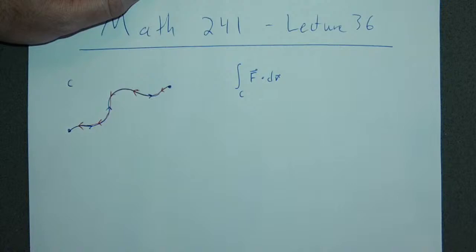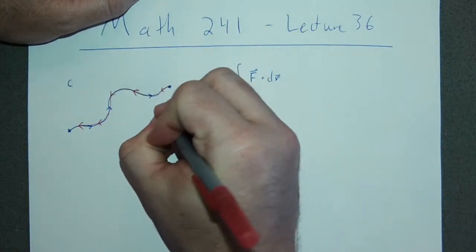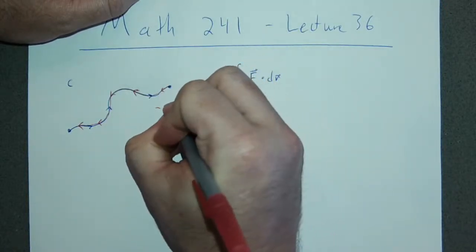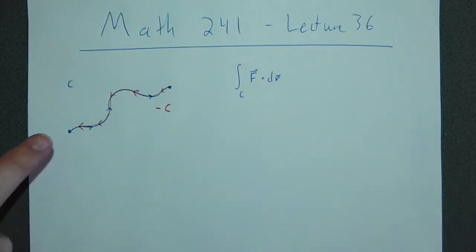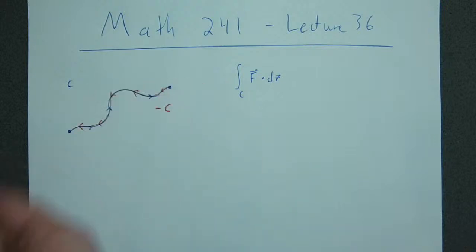Once I've done that, I'm going to call that curve minus C. So we've talked about this previously, the notion of looking at a curve and then looking at the curve with the opposite orientation. The nice thing about a curve is that there's only two choices there, right? So you can be going this direction or you can be going the opposite direction. So you're either going this way or minus that way.